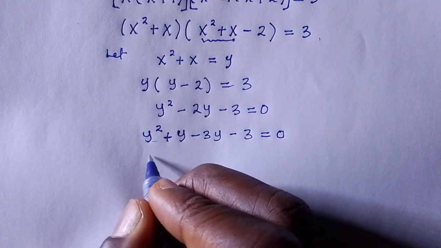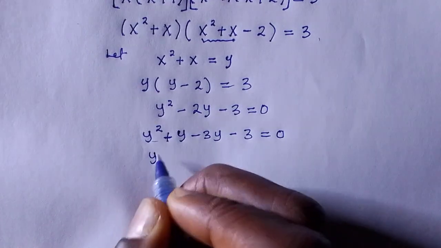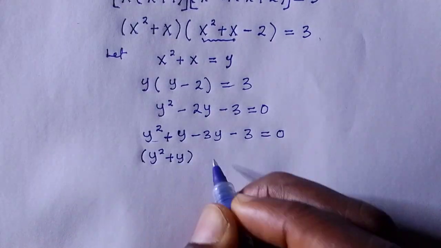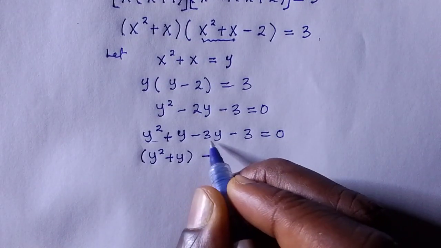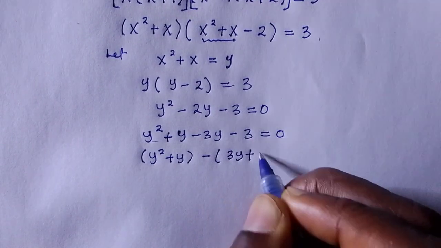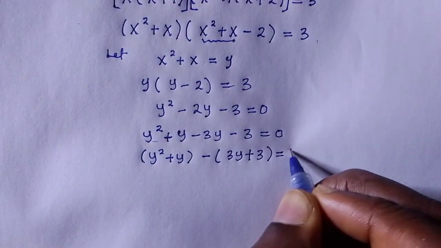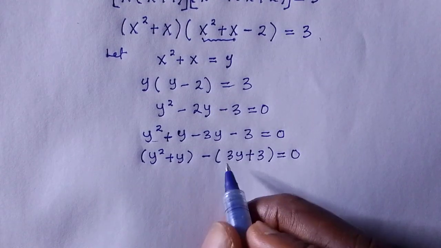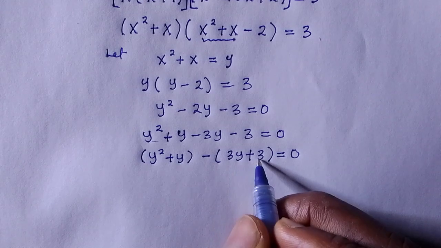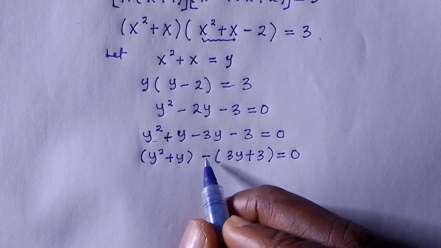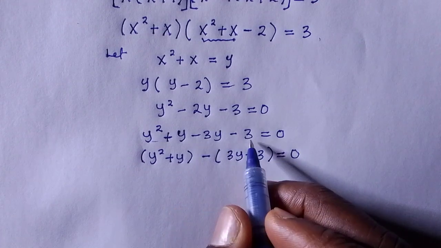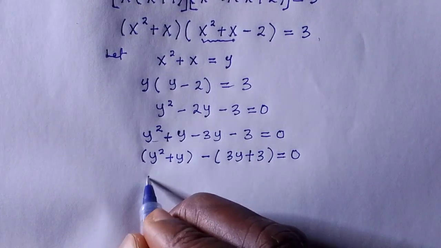We combine this together as (y squared + y) - (3y + 3) = 0. We did this because we factored out a negative, and the whole of this becomes positive, in the sense that when we expand this with this negative, we get the whole of this. What is common here is y.